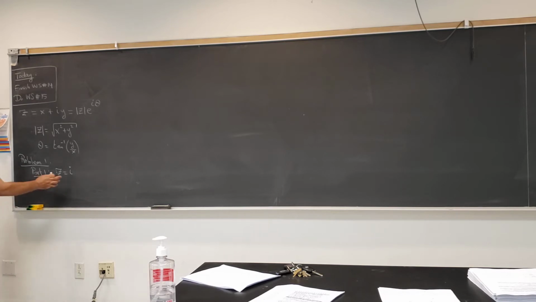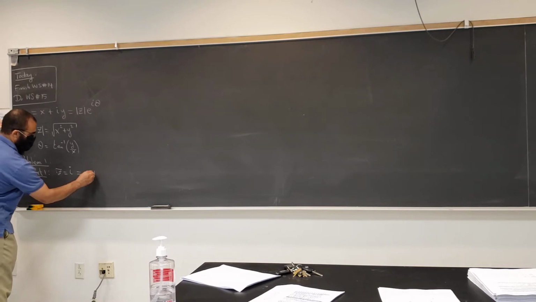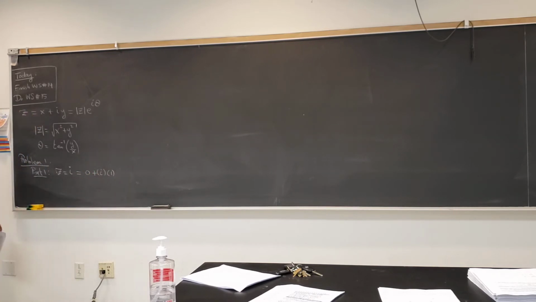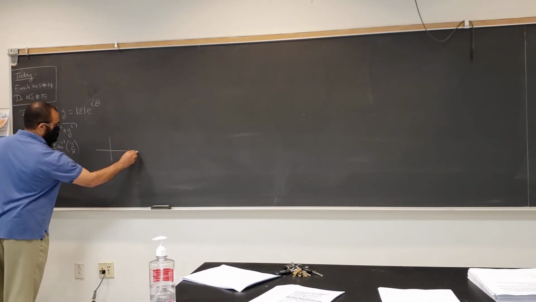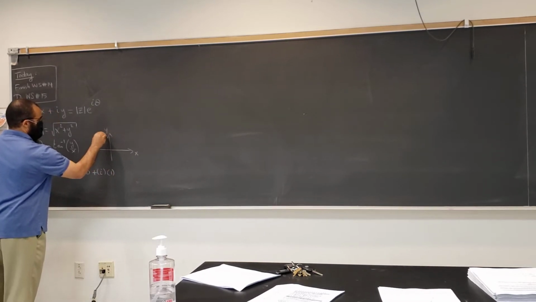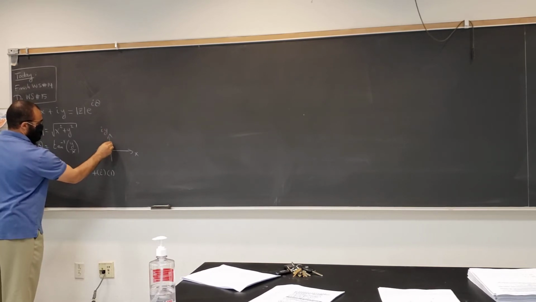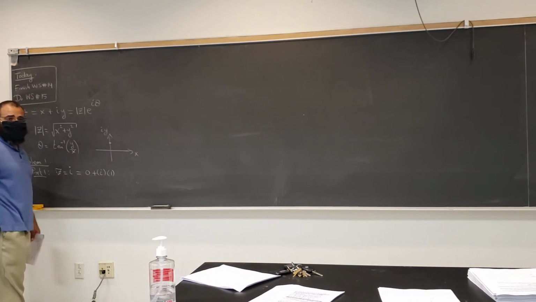So first, notice z is equal to 0 plus i times 1, right? If I were to plot it on the xy plane, here's x, here's iy, here's 1. That's where I would stand.